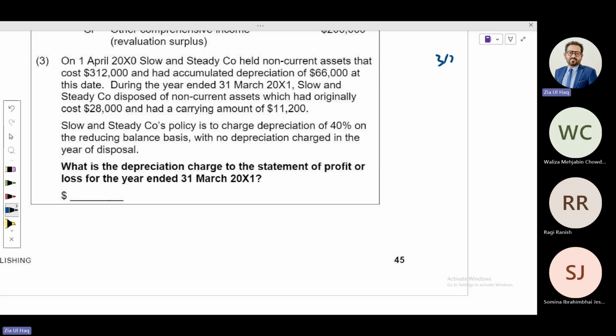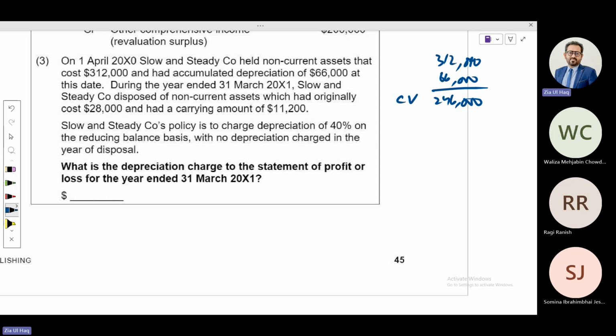So 312,000 minus 66,000. What is the carrying value? 246,000.